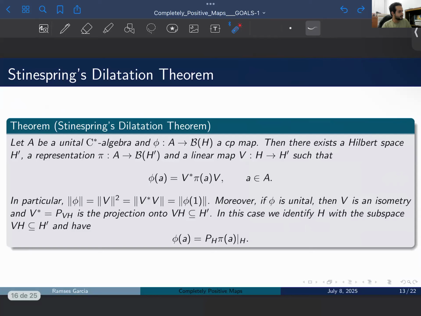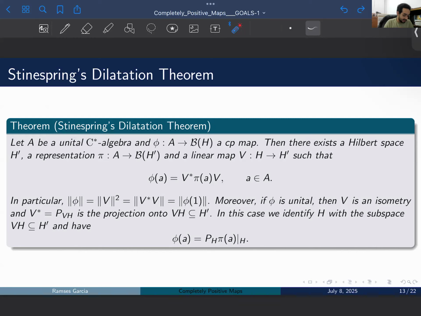We're going to state it for a unital C-star algebra, but this theorem works for arbitrary C-star algebras. We are working in the unital setting because it is easier, but it is true in general. The theorem is due to Stinespring. It is the Stinespring dilation theorem.